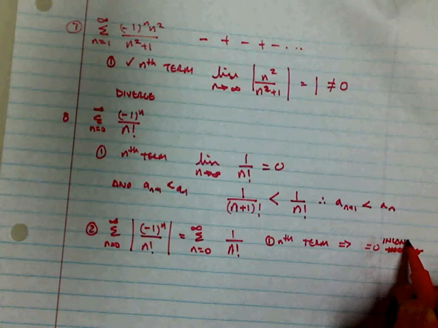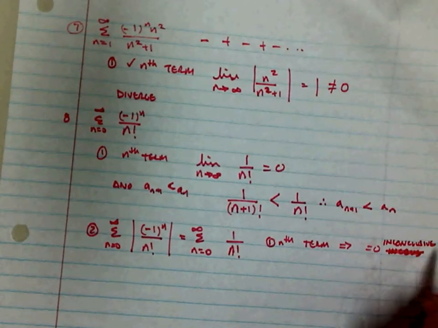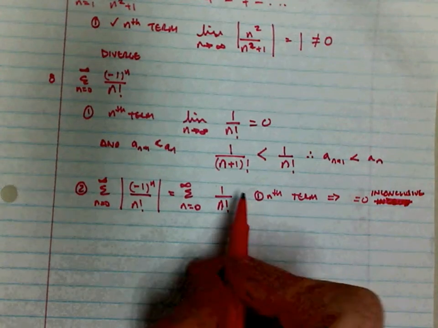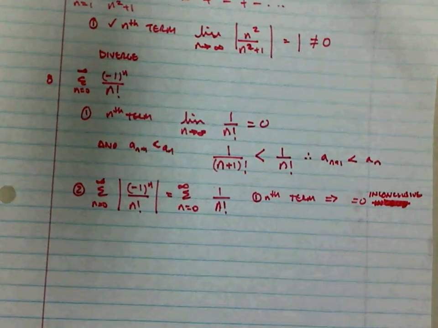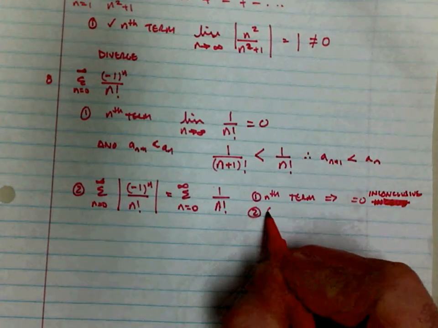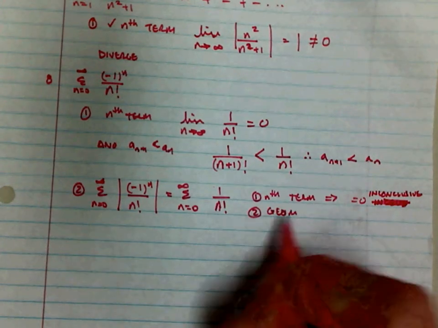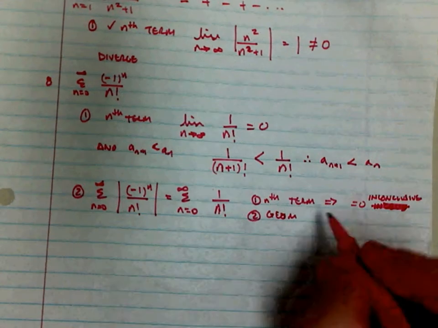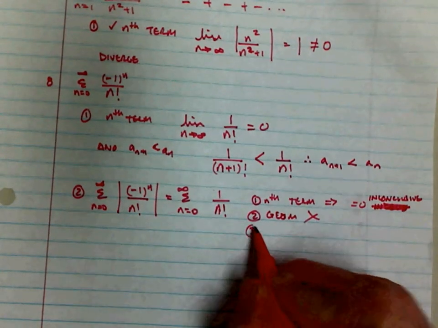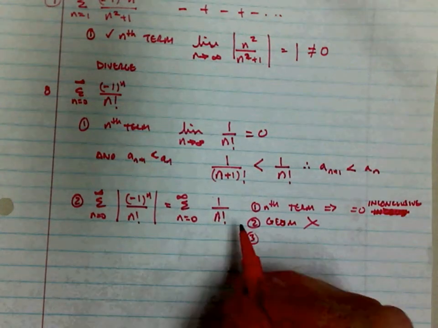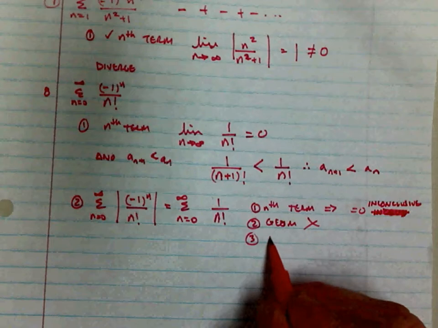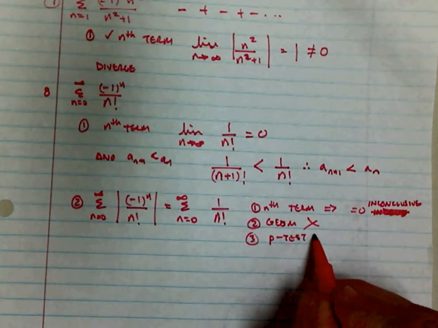Inconclusive, when we're considering this positive series. So what's another one we could do? What about geometric series? Well, unfortunately, this is not geometric. Can't do that. What about a p-test? I looked at those today. Nope, that's not n to a power here. So our p-test is not something we can consider.